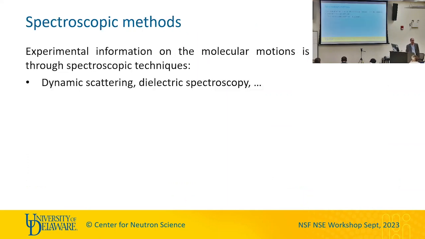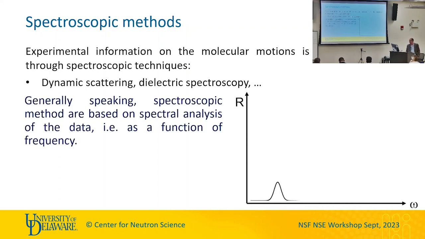But these are simulations. How do you obtain experimental information about the dynamics, the thermal motion of the system? Generally speaking, the techniques that we use are called spectroscopic techniques. Those spectroscopic techniques, like dynamic scattering, dielectric spectroscopy, very generally, broadly speaking, measure the response of the system as a function of the frequency, either of a stimuli or the light, absorption, different methods.